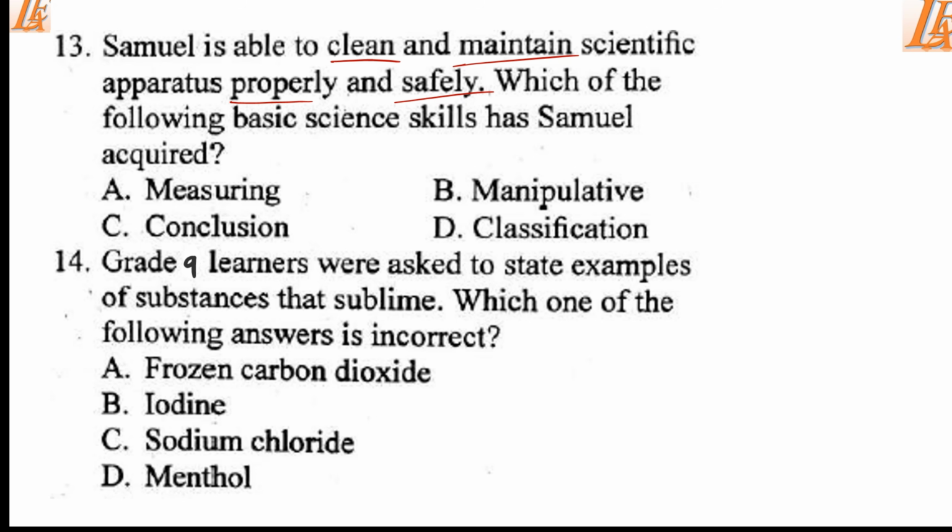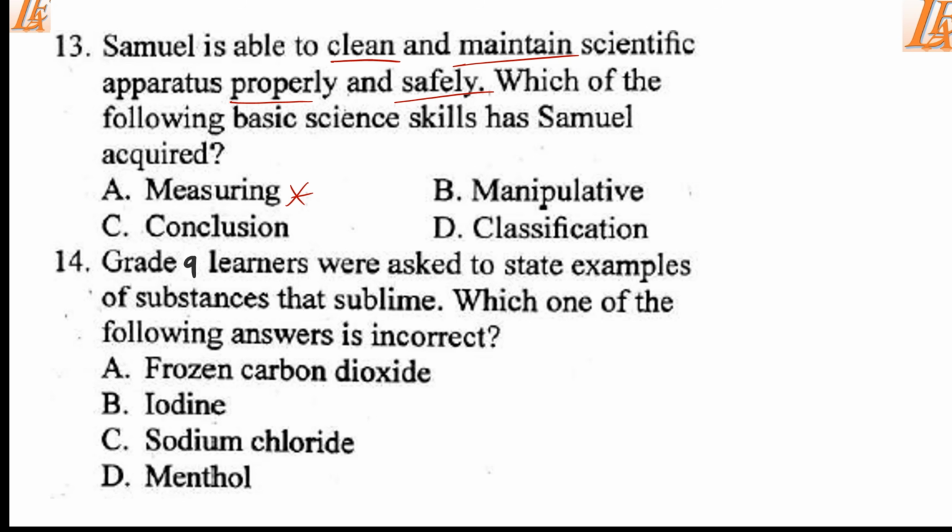Measuring is acquired when one is able to determine the size of a physical quantity, either measuring length, time, or mass. In this case, Samuel is not measuring anything. So measuring cannot be part of cleaning and handling.